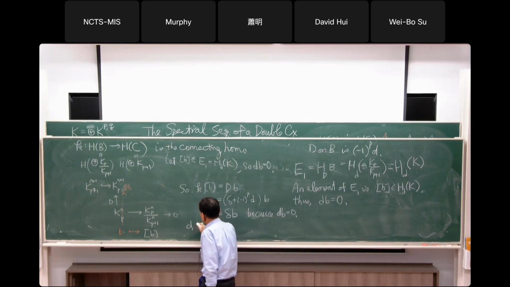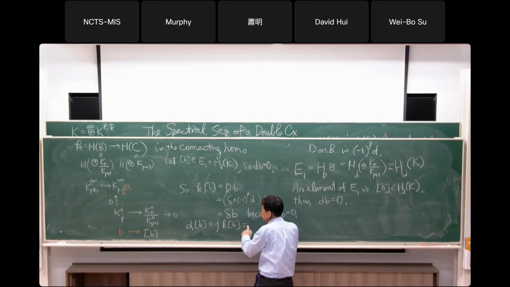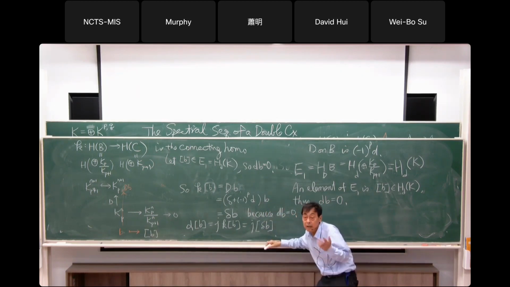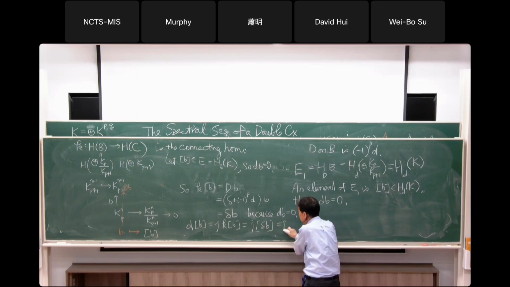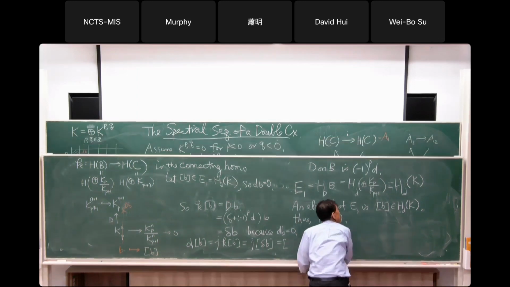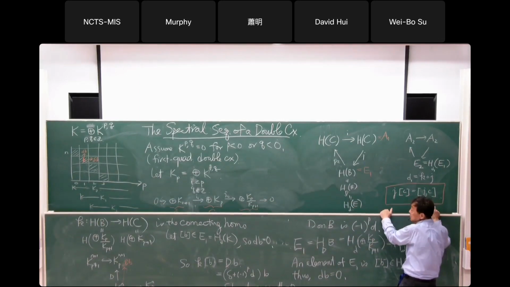And then D1 of the class of B is J K of the class of B, but K B is delta B. So that is just J of delta B. And J is just a projection, just the class of the projection.